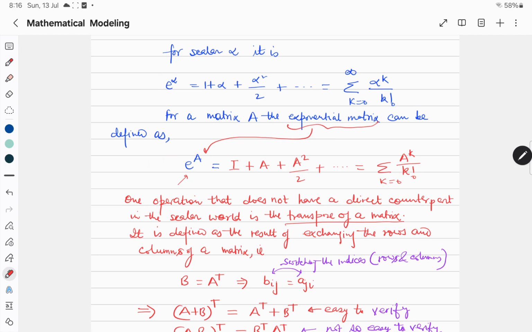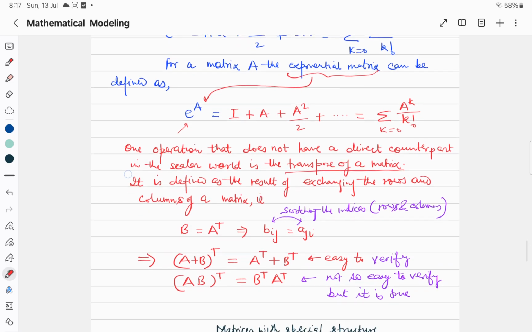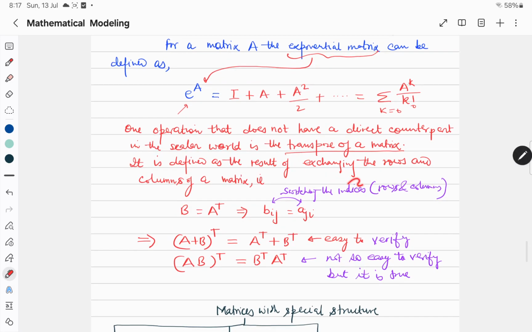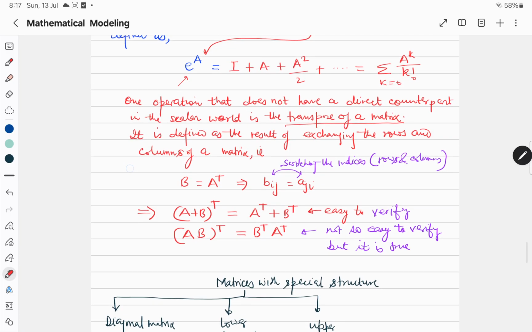Now, whatever operations we have studied till now have a scalar counterpart, but one operation that does not have a direct scalar counterpart is the transpose of a matrix. It is defined as exchanging rows and columns of the matrix, which means switching the indices: Bij is equal to Aji.